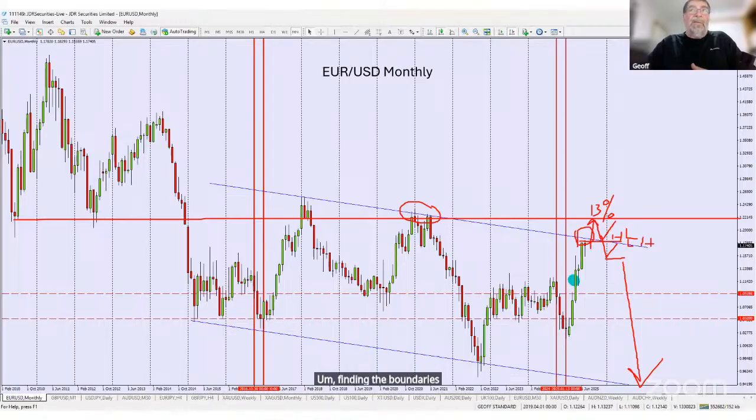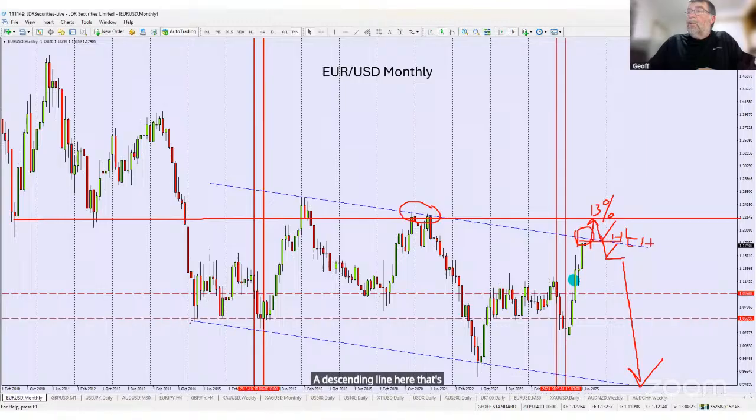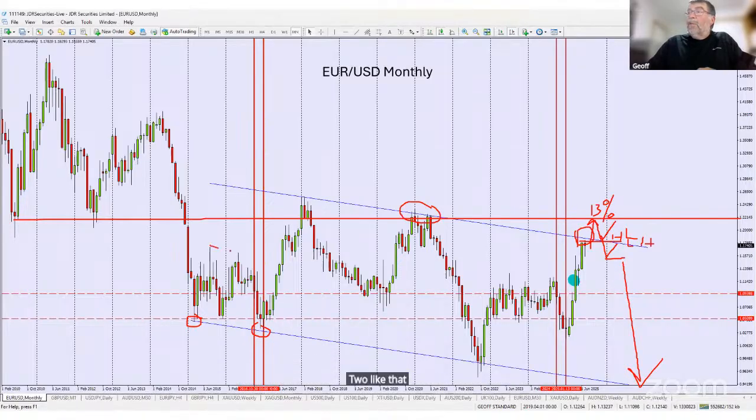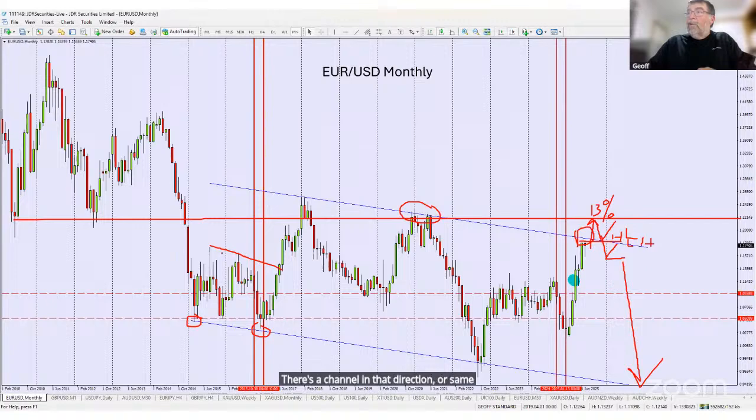Where are these boundaries? Well, it's simply a matter of looking at the charts and going, oh, I've got a descending line here that's joining two lows. One here, one here. As soon as I've got two like that, and there'd be two up there that would be equidistant, so this may well have started as a channel in that direction, or same direction, but off those two.